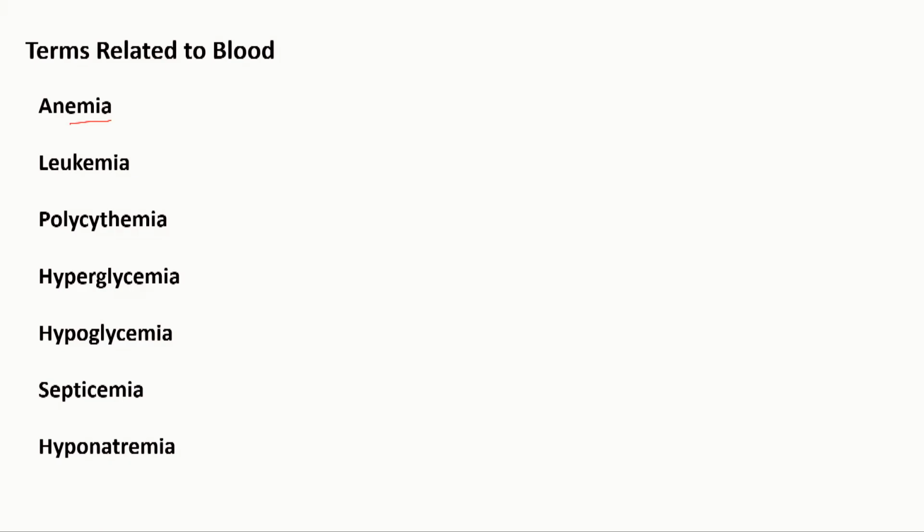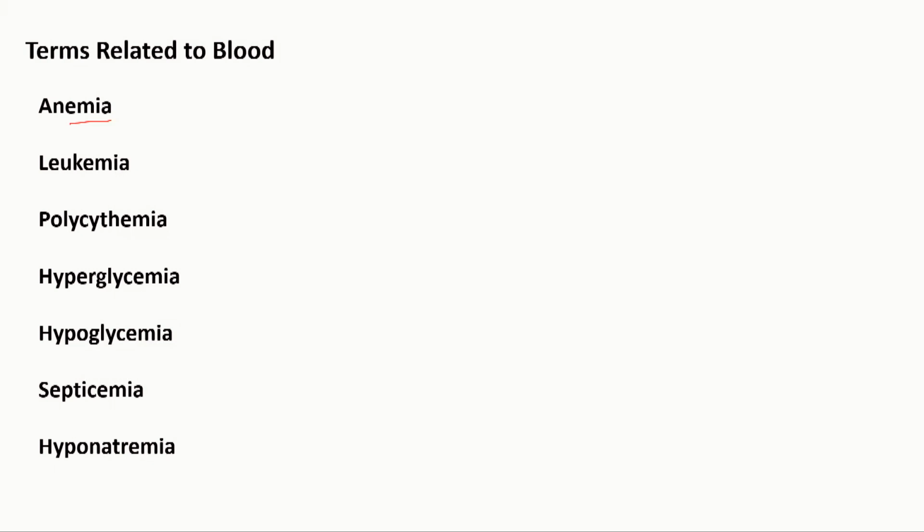If you remember, we also discussed inflammation. Any inflammatory condition will eventually end with itis. Similarly here, anemia stands for no blood. Basically it stands for a lower concentration of blood cells or blood in the human body.